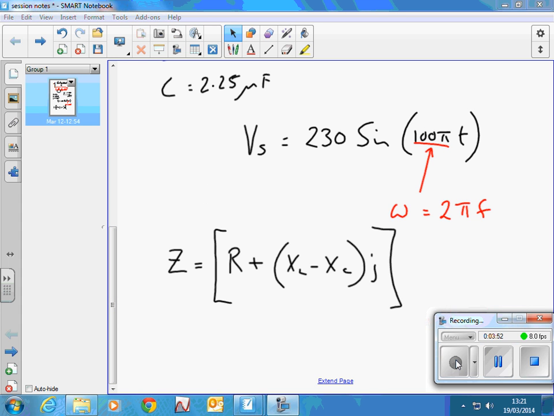Remember that the total impedance of the circuit, Z, when you've calculated XL and XC, the total impedance is R. Remember, the resistance is the real part of the complex number, and if we work out what XL minus XC is, then that's the imaginary part of the impedance, with the J value, in other words. So carrying on, calculate Z, and then once you've got Z, you can work out the current using Ohm's law effectively.